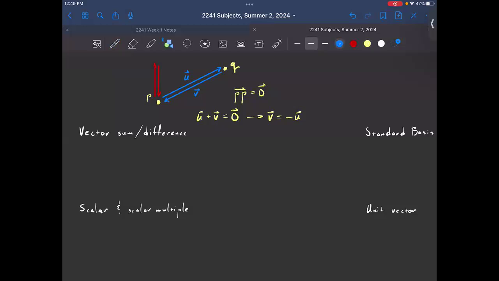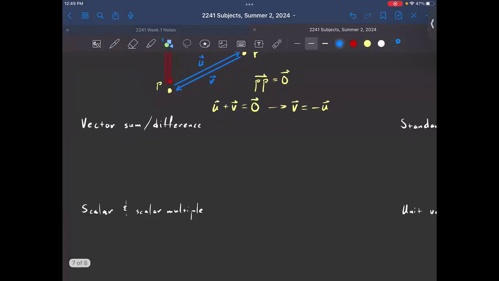But let's go ahead and draw the vector sum and difference in general. So if I'm given a vector u and a vector v, let's draw those like that, u, v, and I want to add them together. Well, there's a way to do that visually. So we're going to copy, paste, and move this guy.